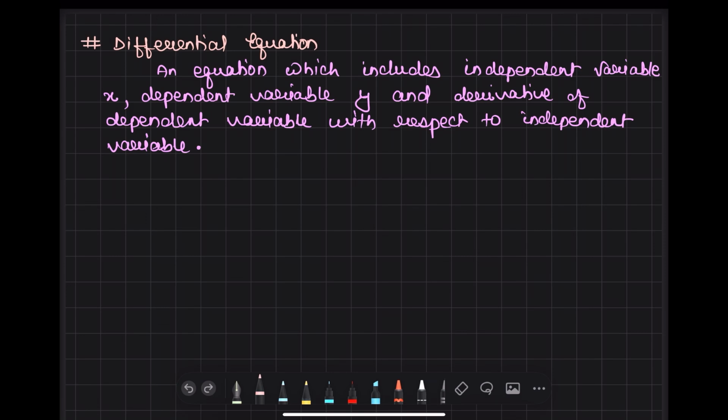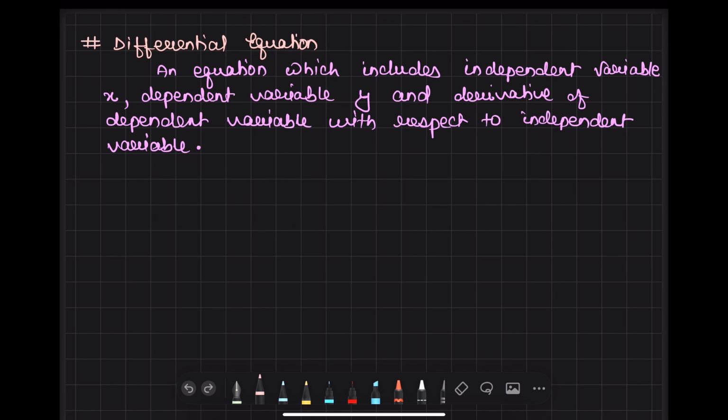That something in x is independent of everything; we give it some input, so it is independent. And the dependent variable y depends upon x. The input you give to x gets processed and produces some output, and that is y. So y depends upon x, which is why it is called the dependent variable.